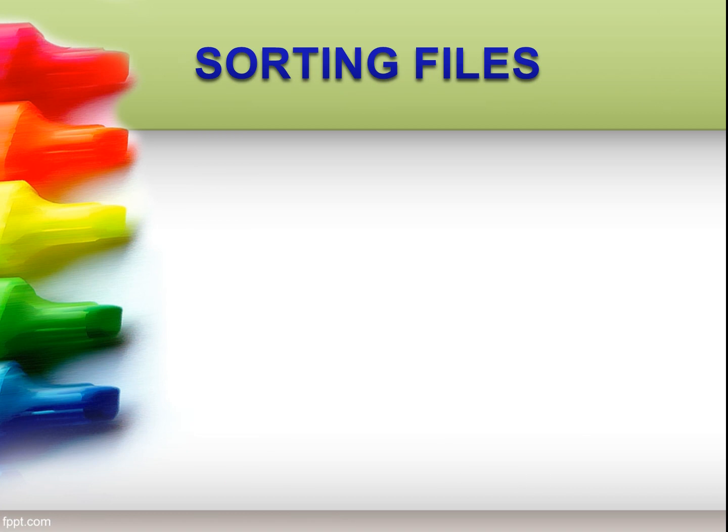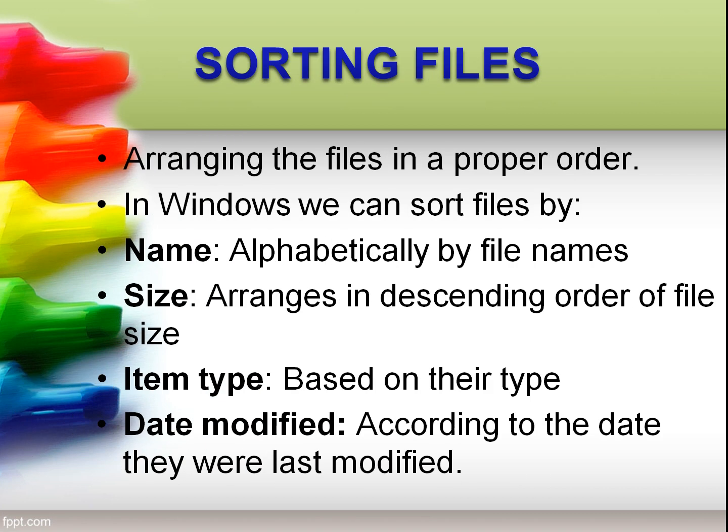How to sort files. Arranging the files in a proper order is known as sorting. Here in Windows, you can sort the files in 4 different ways.